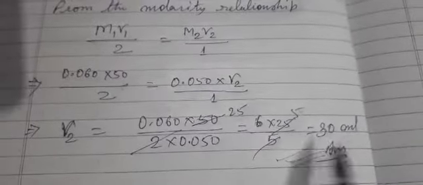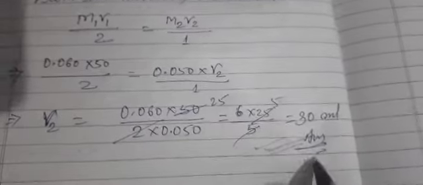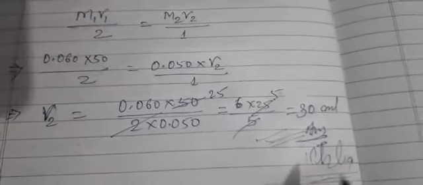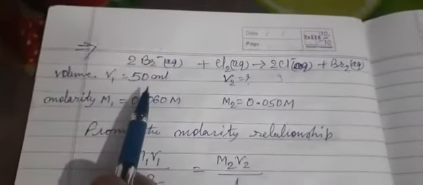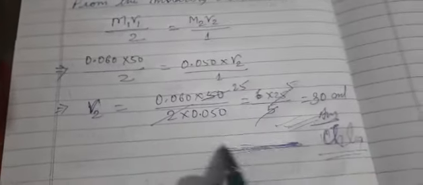That means 30 ml of chlorine liquid would react with 50 ml of sodium bromide to produce chloride. So this is for a complete reaction.